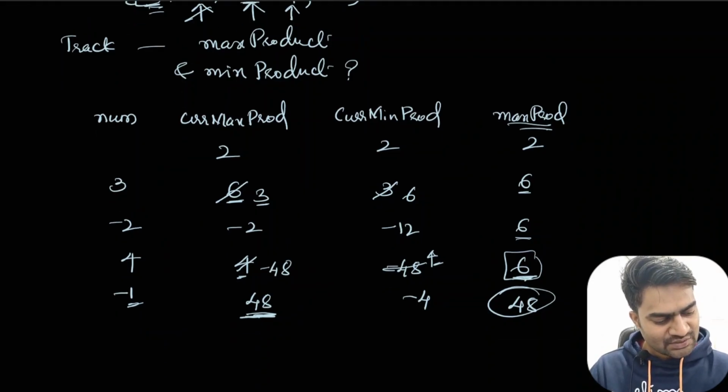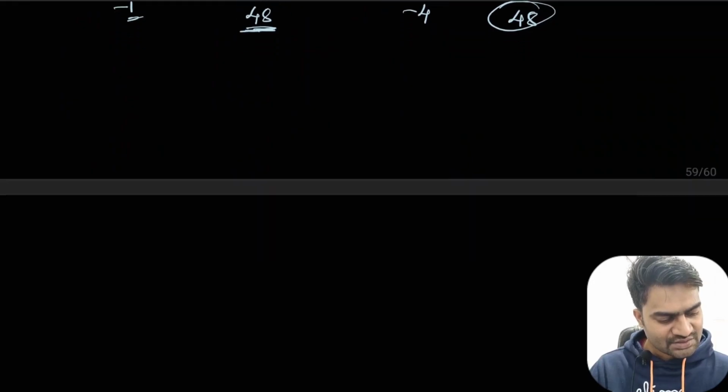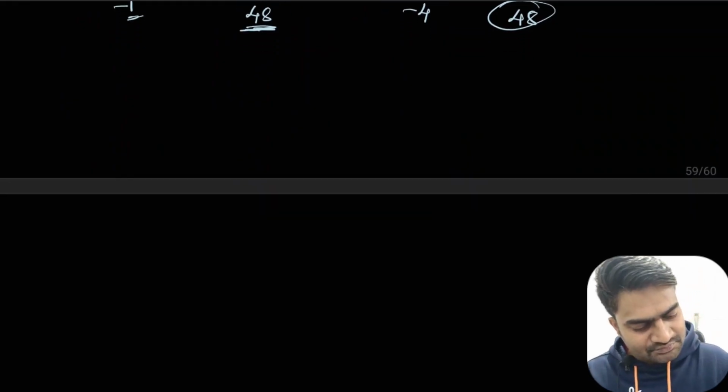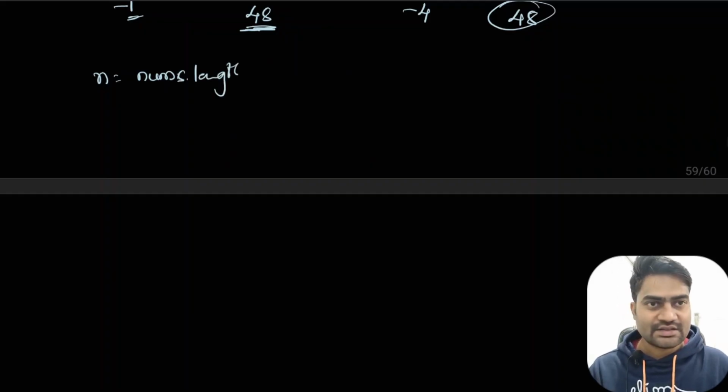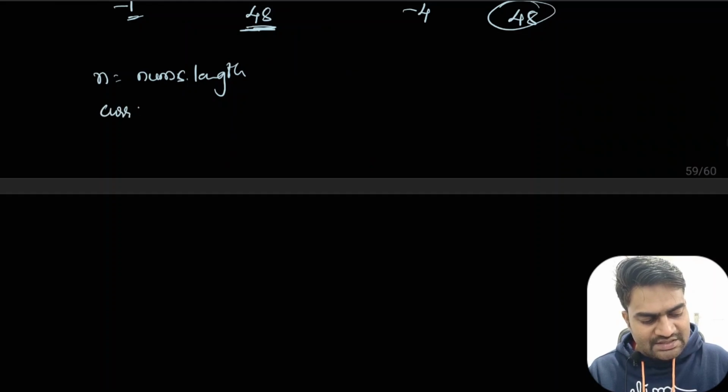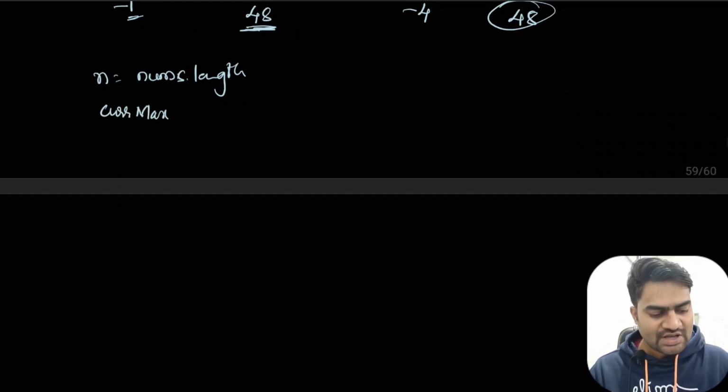Okay, let us look into the pseudocode now. n will be nums dot length. Now we need current max product, or we can simply take current max, which will be easy for us.